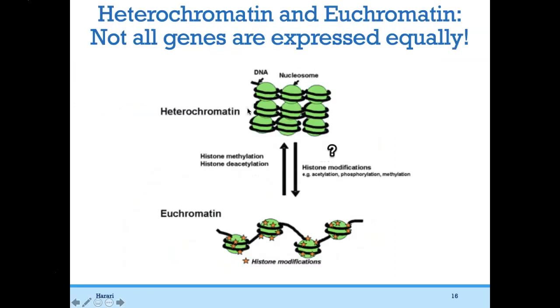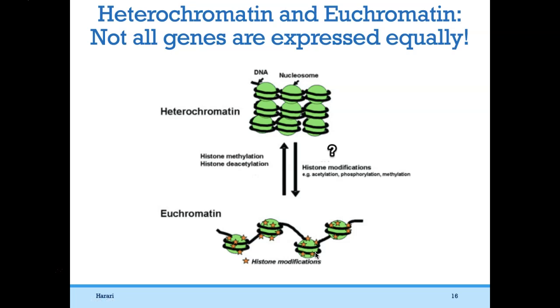Right? So in order for heterochromatin to become euchromatin, there has to be some kind of histone modifications. What do you think would have to happen in order for heterochromatin to become euchromatin? You would need to have acetylation, right?